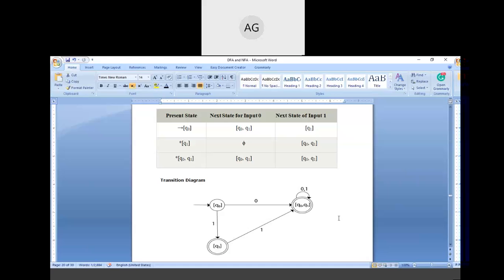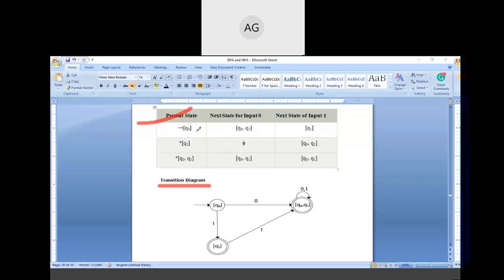In the same way, if the question is asked through the transition table, then in the answer you can give the transition table. So our ultimate aim is to convert this transition table into the transition diagram. Let's see how we can do that.